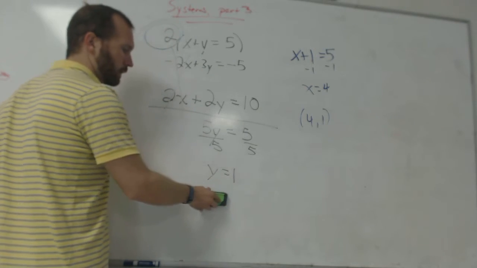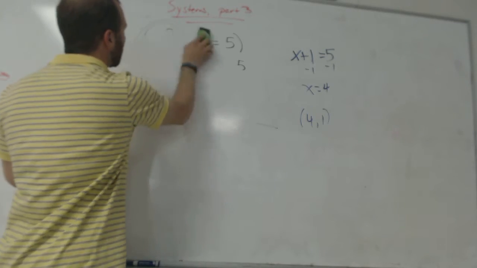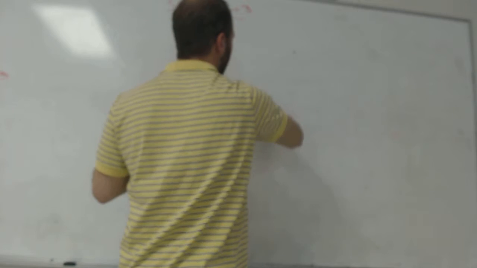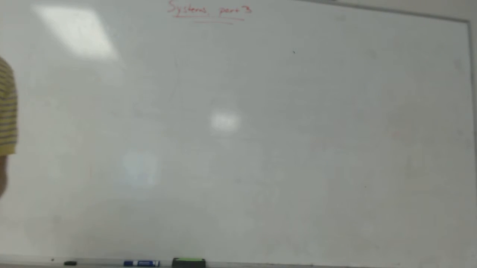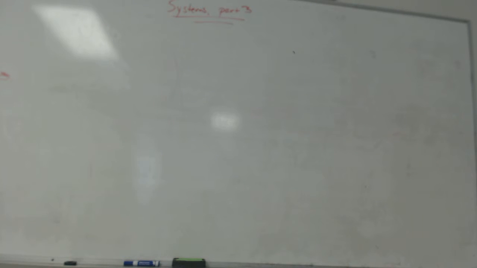Alright. Done? We're going to look at 2 problems, and I'm just going to ask you that first question. We're not going to actually solve these. I'm just going to ask you, what would you multiply by? These are the first 2 questions on your homework.